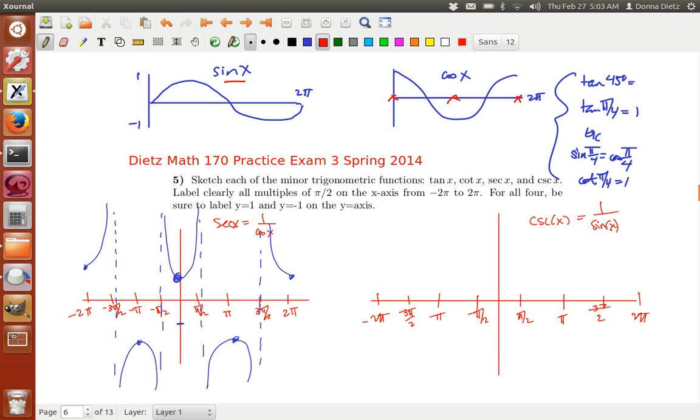Notice it's not the inverse of sine of x, it's not sine to the -1 of x. And we have a question later in the practice exam that does that sort of thing. Now we still need to label 1 and -1. And then let's draw sine of x for our own reference. Here we go, there's sine of x.